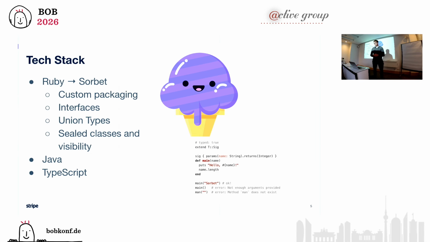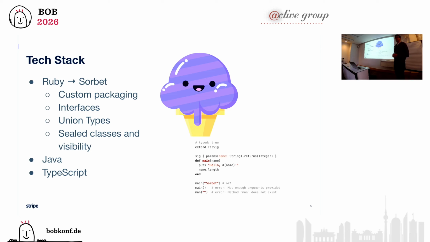To go a little bit over our tech stack, which is also going to be important, a lot of our code is actually written in Ruby. Which might be surprising, but we don't use Ruby the way you would think of Ruby when you hear it. We have our own open source type checker called Sorbet, and it runs over all our Ruby code.